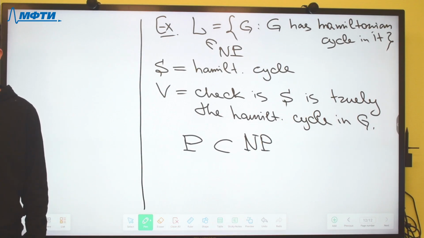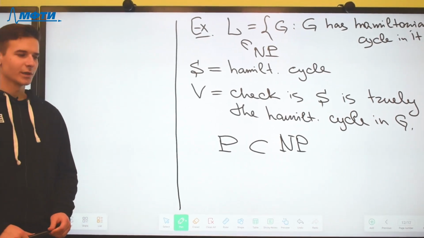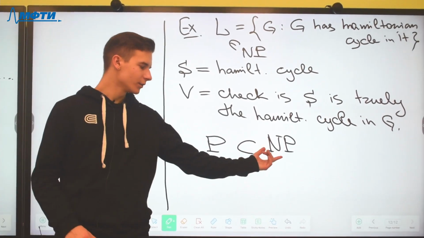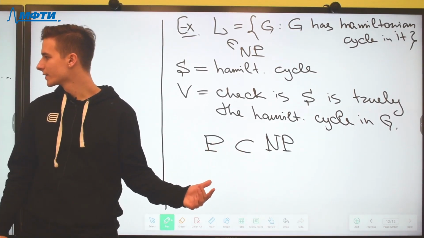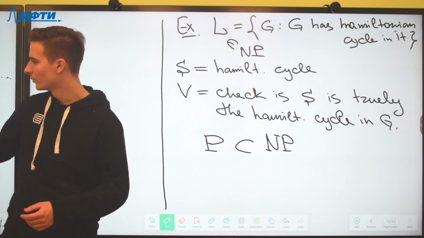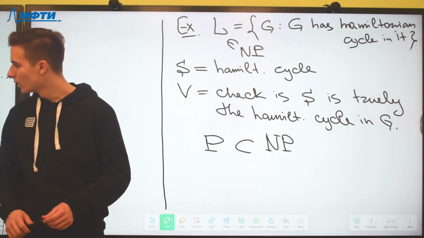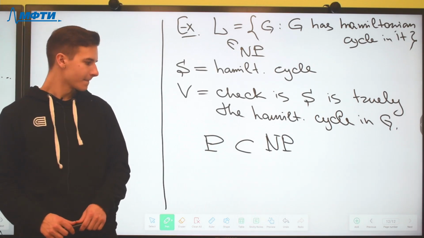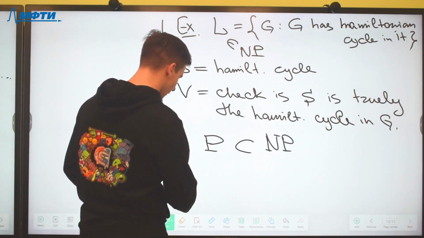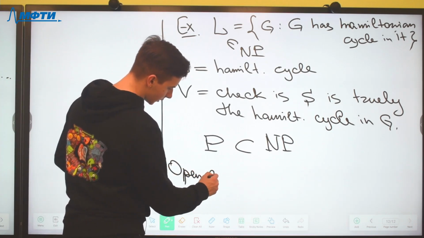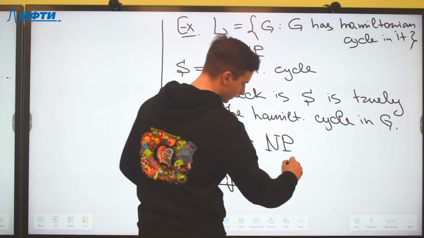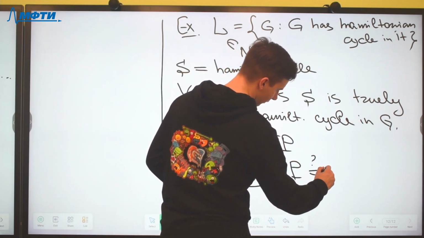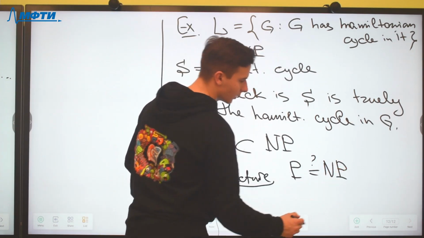But we don't know whether every non-deterministic algorithm can be solved in polynomial time by a deterministic Turing machine. So it is an open conjecture whether P equals NP or not.